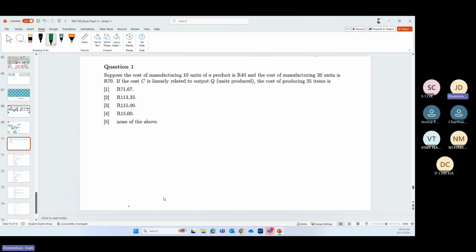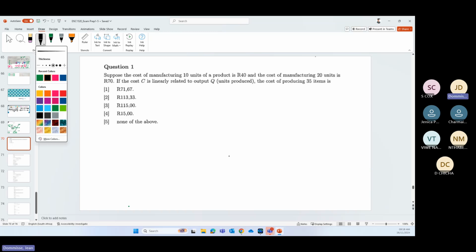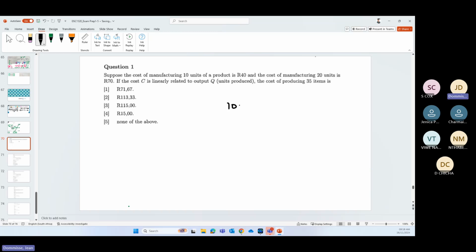Okay, so basically what they want us to do is to say 10 units cost 40, 20 units cost 70, and you will need to work out what does 35 units cost.